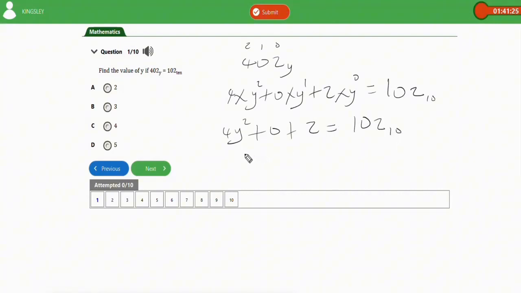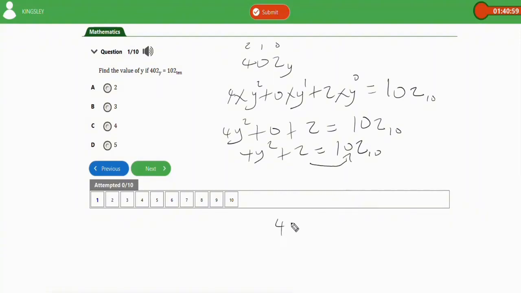So when you keep working down, you're going to have 4y square plus 2 equals 102 base 10. Alright, so at this junction now, we are left with this 2, which will cross over the equality sign and change the sign.